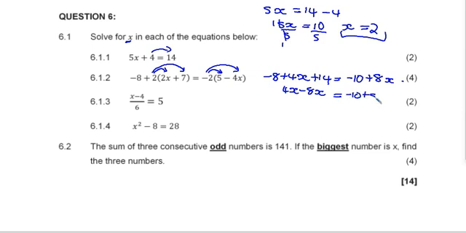It becomes positive 8. Positive 14 becomes negative 14. This gives us a negative 2x is equal to negative 10 plus this plus 8 is a negative 2, and then negative 2 plus a negative 4 is negative 16 there.